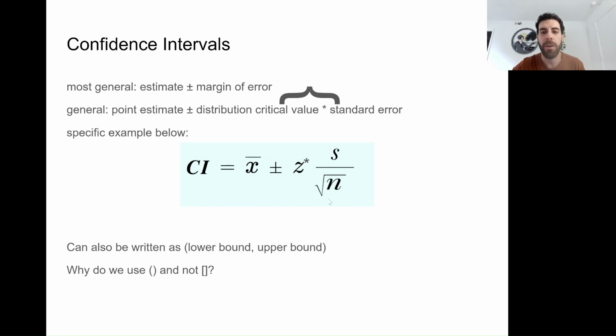And then your standard error, you probably remember from before, is a little different than standard deviation. So you have your standard deviation like before, but in the case of X-bar, it's over the square root of n.